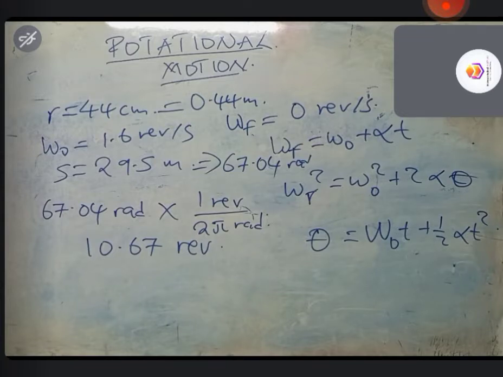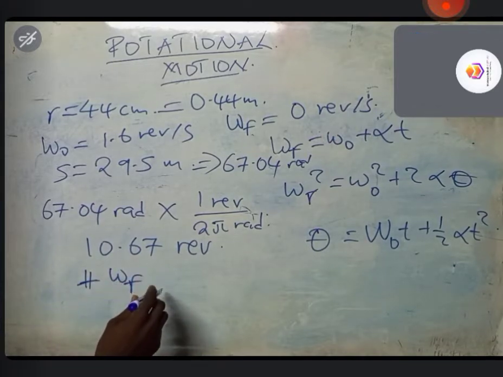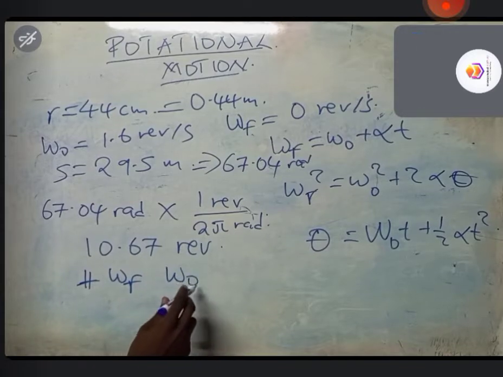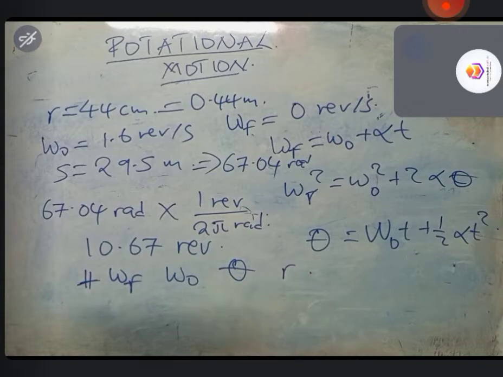Okay. So now we are able to see the information that we have. In summary, we have our final angular velocity, our initial, our displacement, and our radius. So now, which equation can help us find acceleration? We are trying to use an equation that doesn't have time, because we've not been given the time. So, like I said, I don't want you to memorize your formulas.